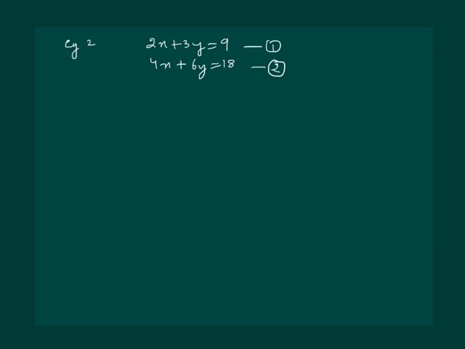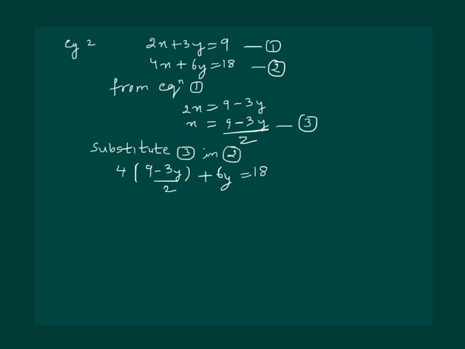Let us find the value of x in terms of y from equation 1. We get 2x equal to 9 minus 3y, x equal to (9 minus 3y) by 2. Now substitute this value of x in the second equation.